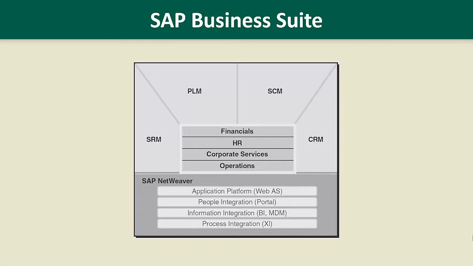So here we see an illustration of an SAP Business Suite. This is their illustration of an ERP system, its basic structure. And you'll notice it's a little different than the diagram we were looking at earlier, but it still contains mainly the same parts. At the heart, or the core, is OLTP, the core processes necessary to run the business, financials, HR, services, operations.